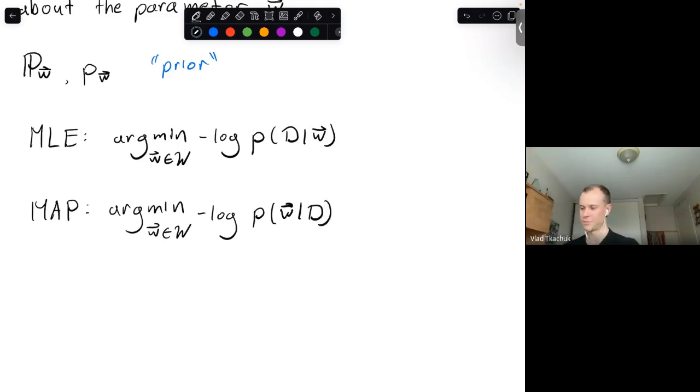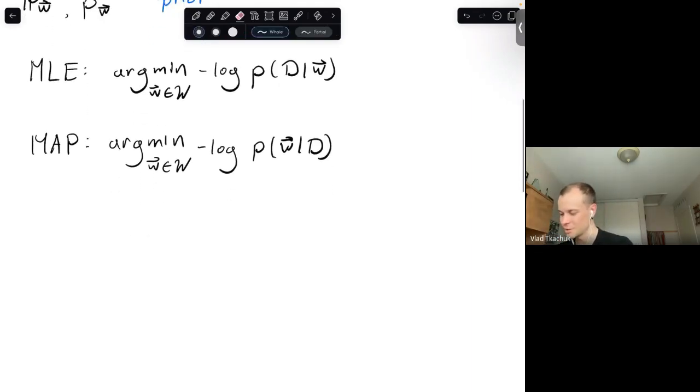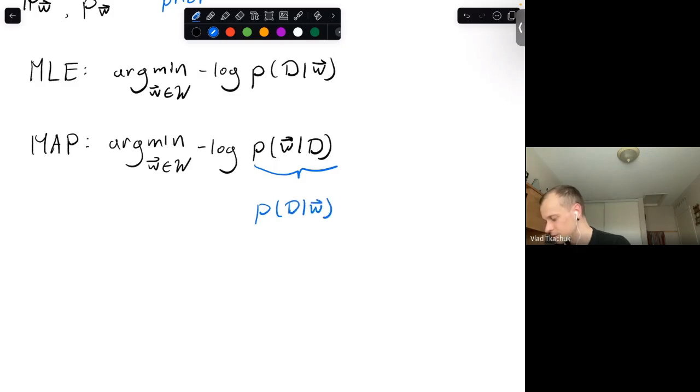Maybe I write one more thing for this interpretation, and then we end there. You can rewrite this using the product rule, or maybe Bayes' theorem, but you can rewrite this as the following.